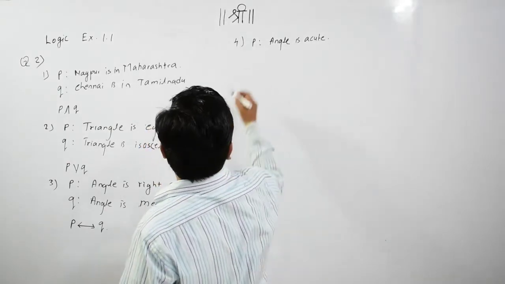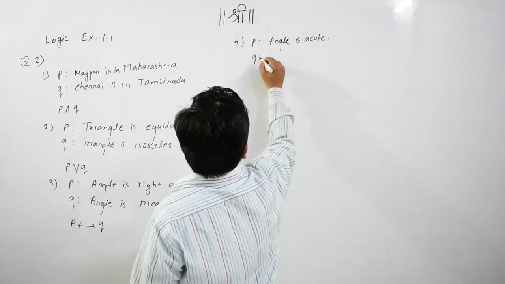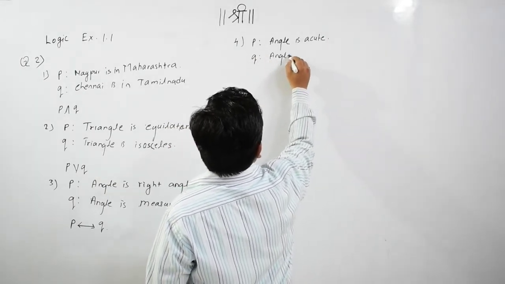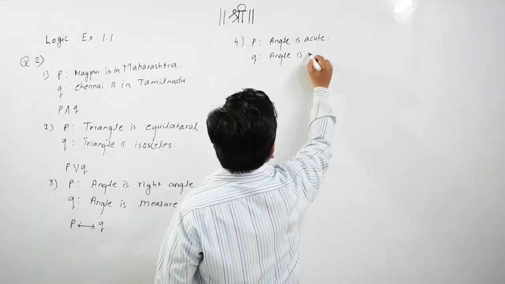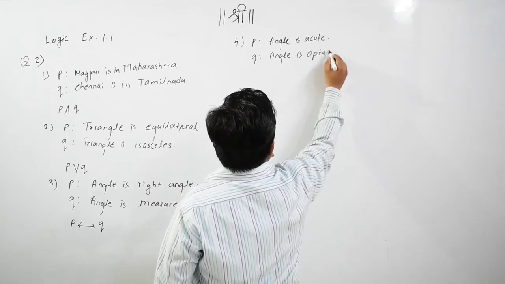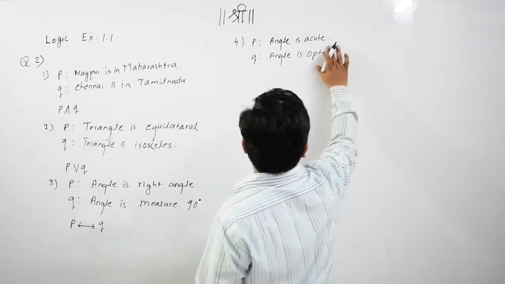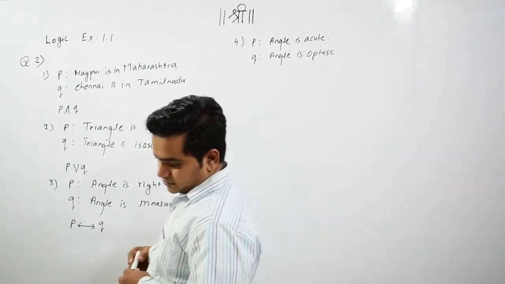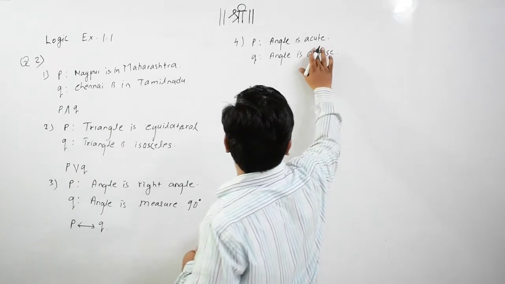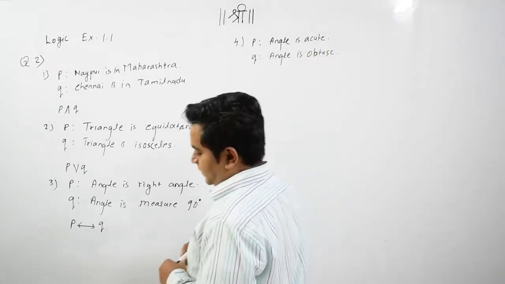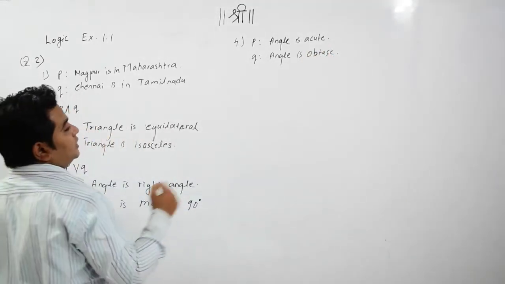And another statement is what? Q. Angle is obtuse. Sure, the spelling is correct? Yes, but the S should be here. Obtuse.